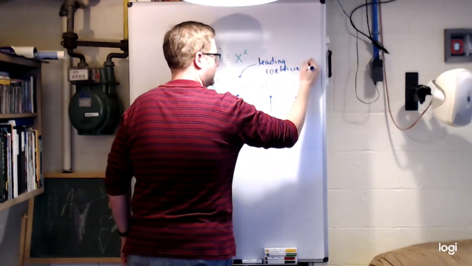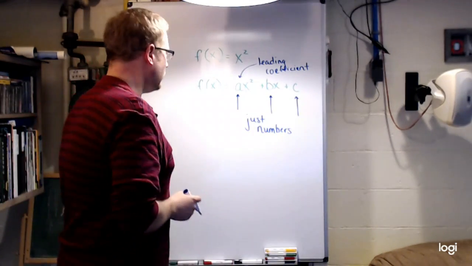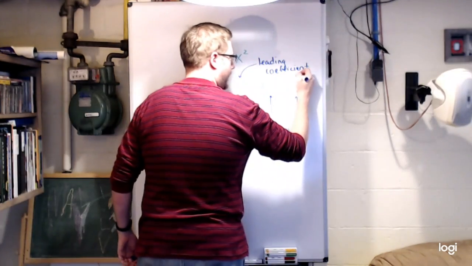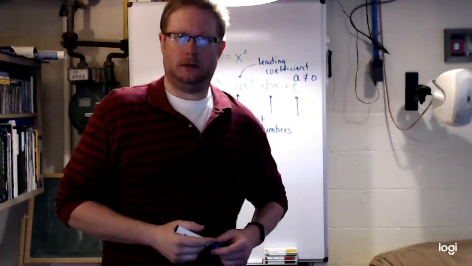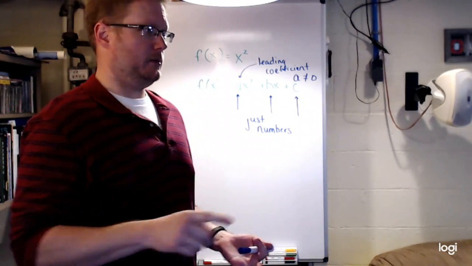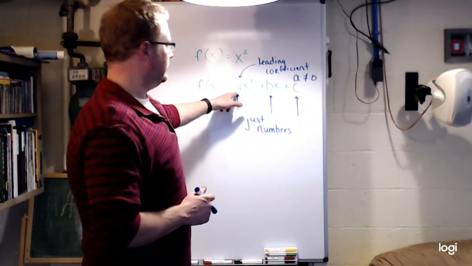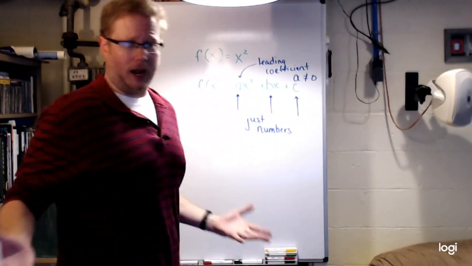Whatever number's out front. In order for it to be a quadratic function, your leading coefficient, a, cannot equal 0. That's it. It's got to be some other number. It can be any number. It can be rational, irrational. It can be positive. It could be negative. It doesn't really matter. It just cannot be 0, because if it was 0, this would become 0, and you don't have a quadratic anymore.